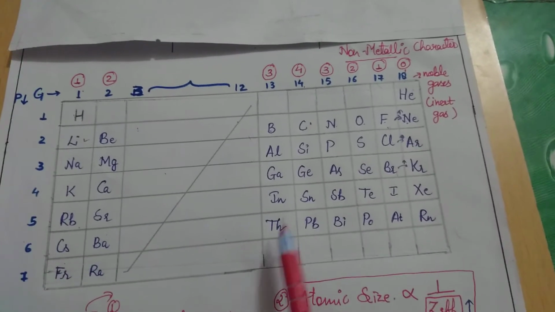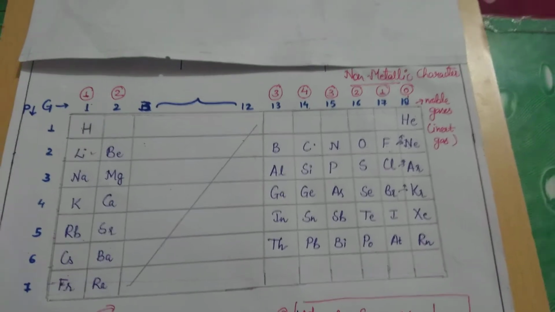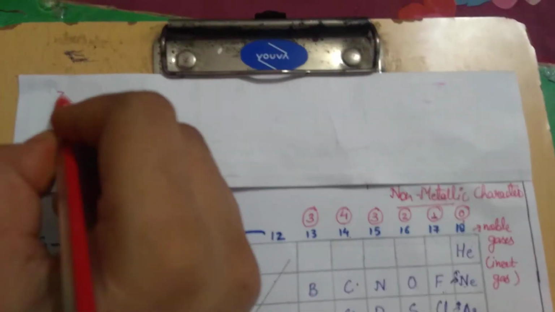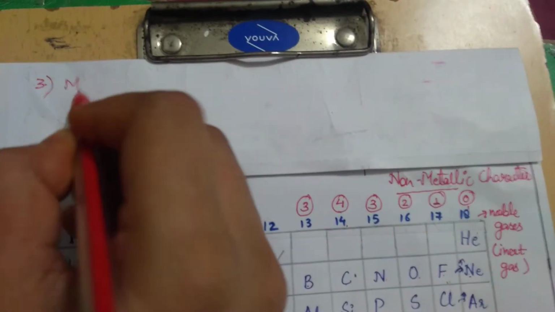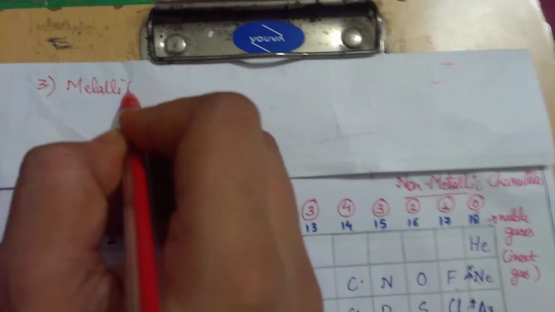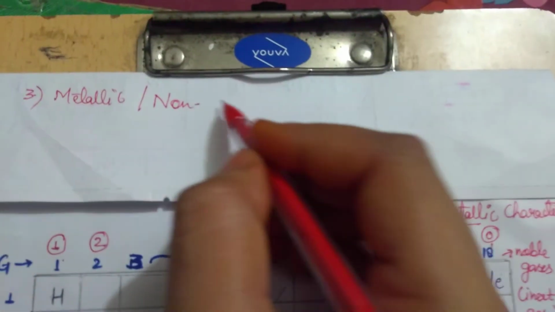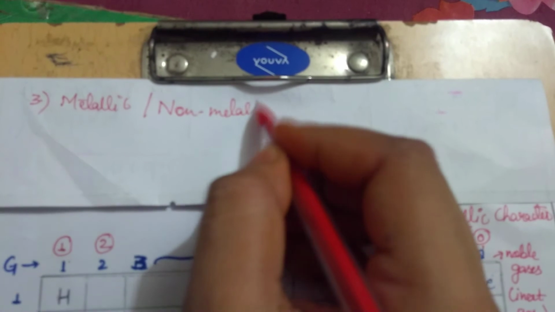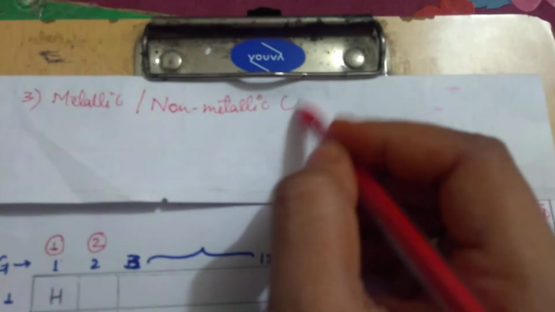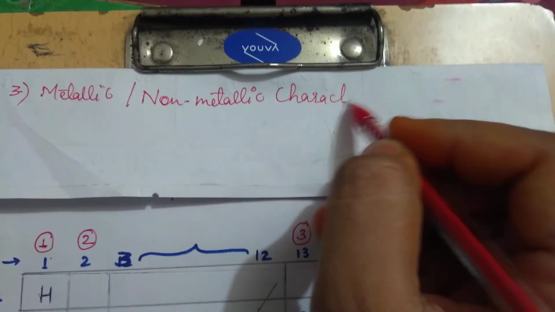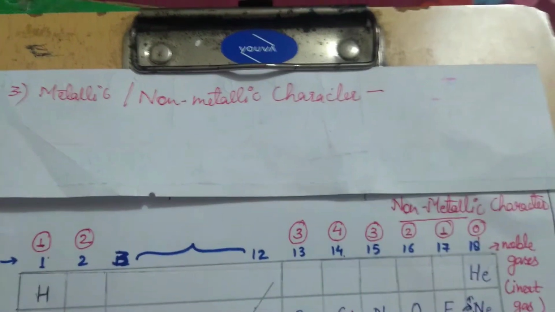Okay, now next we will see the third trend, that is metallic and non-metallic character.